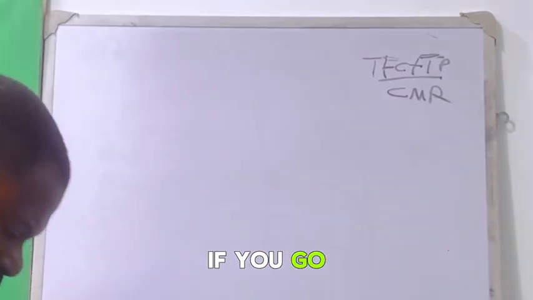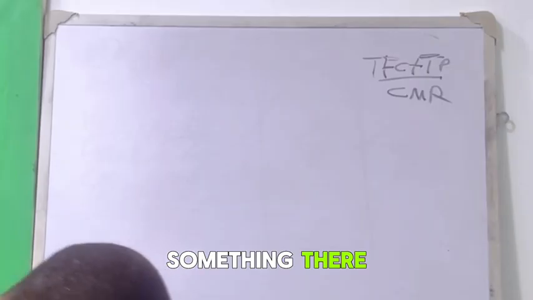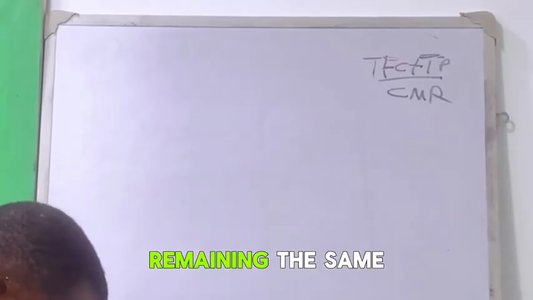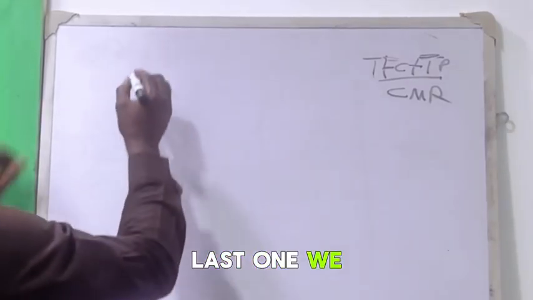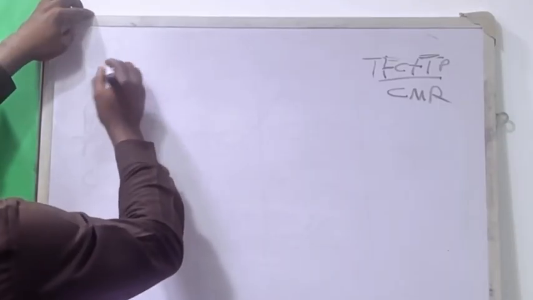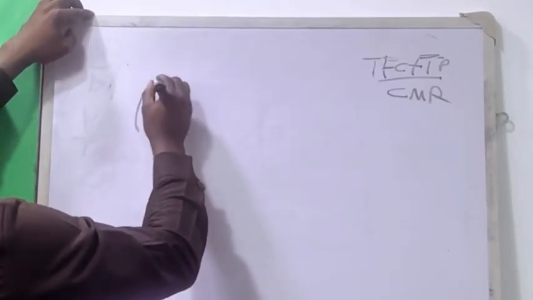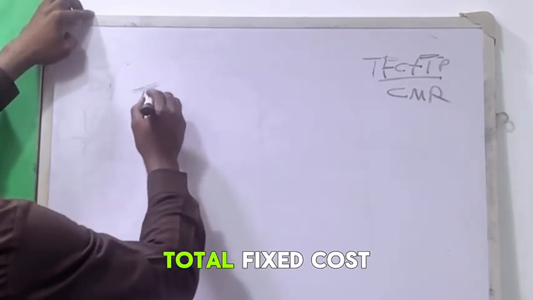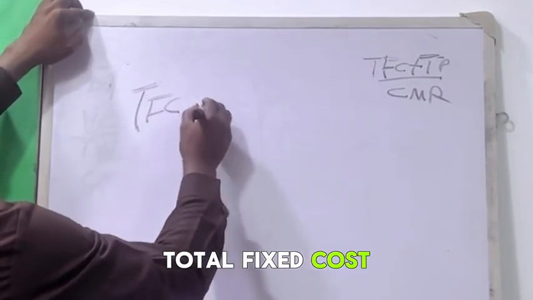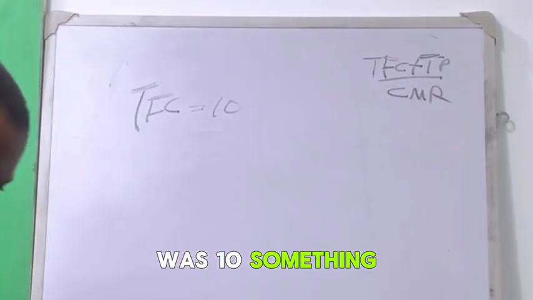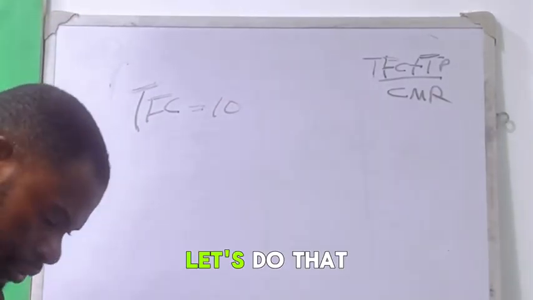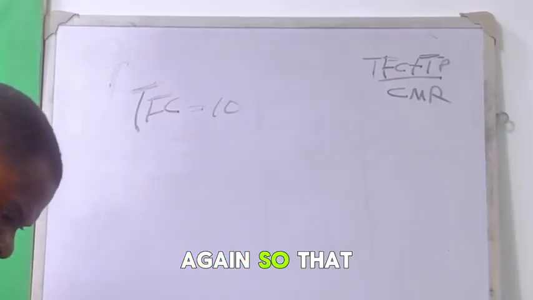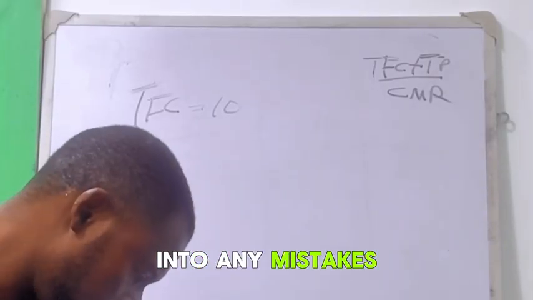Now, let's look at something there. The total fixed cost, is it remaining the same? The last one we did, the total fixed cost was 10 something. 10, I think. Let's do that again so that we don't run into any mistakes.